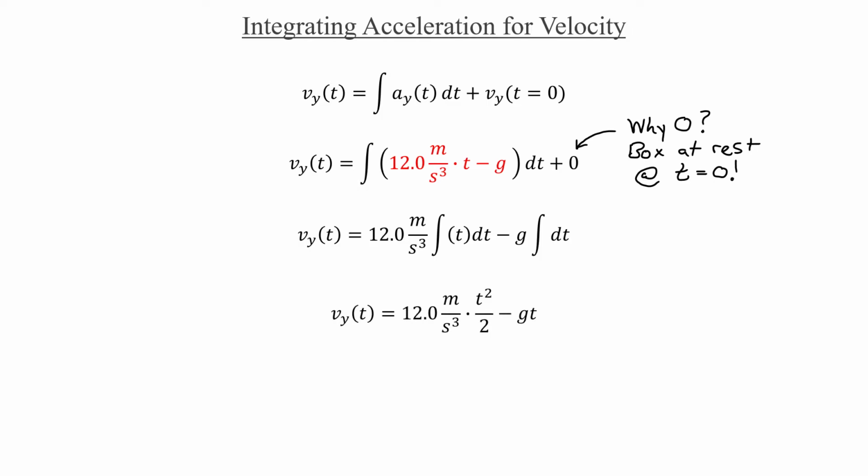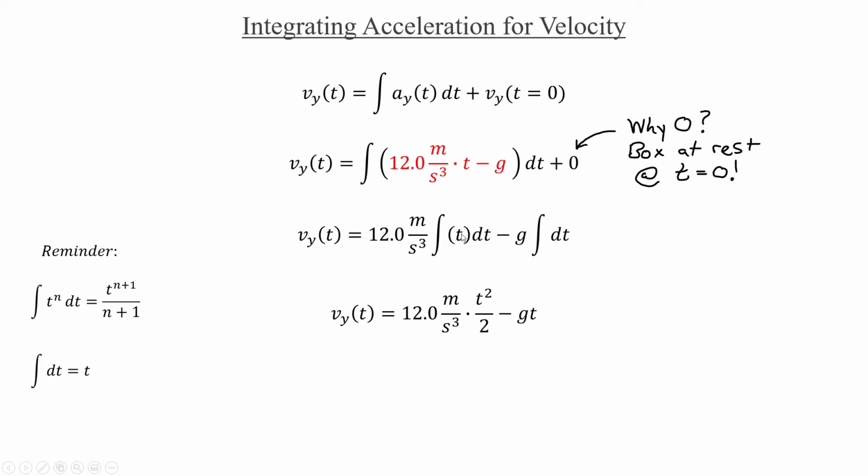And what does that look like? Well, this right here. And just as a reminder, in case you're not familiar with integration rules for variables of powers or constant values, here's a reminder. This is what it looks like.